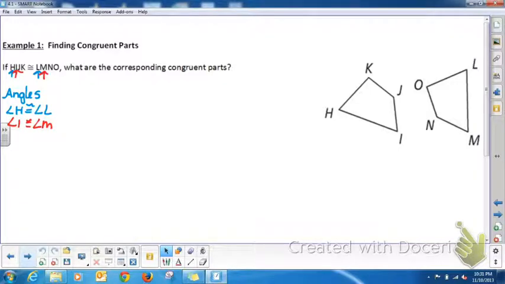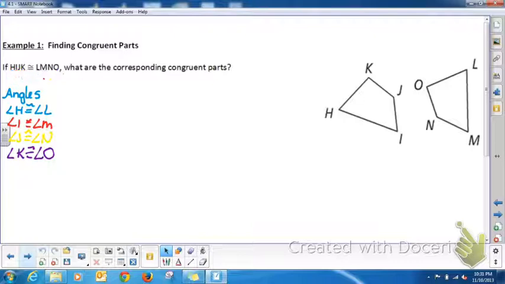What would be the next pair? Yeah, angle J is congruent to angle N. And then finally, angle K would be congruent to angle O. Those are all of the corresponding congruent angles.